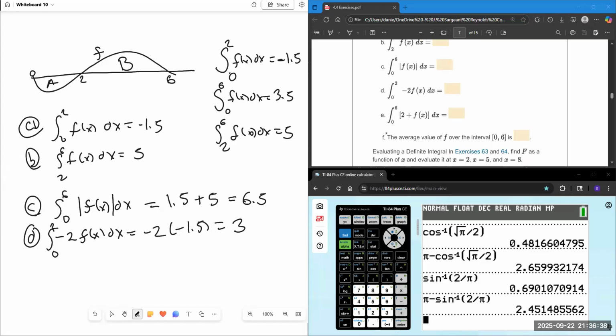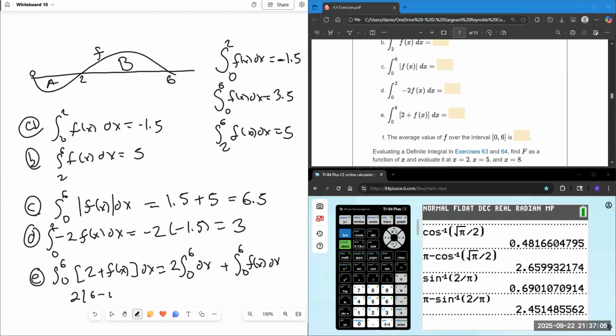E is the integral from 0 to 6 of 2 plus f of x dx, which is equal to the integral from 0 to 6 of 2 dx plus the integral from 0 to 6 of f of x dx. So this is 2 times 6 minus 0, plus 3.5. So that's 12 plus 3.5 is 15.5.